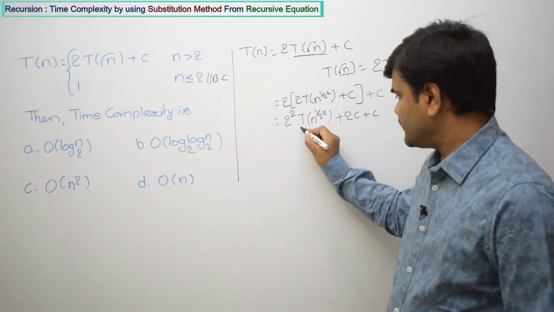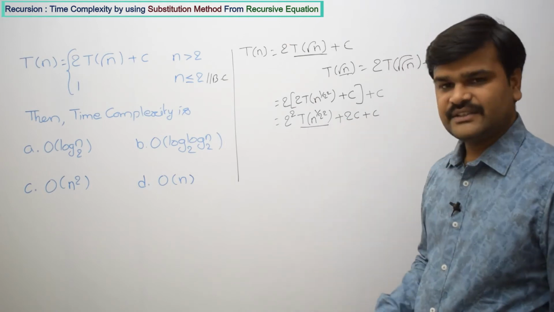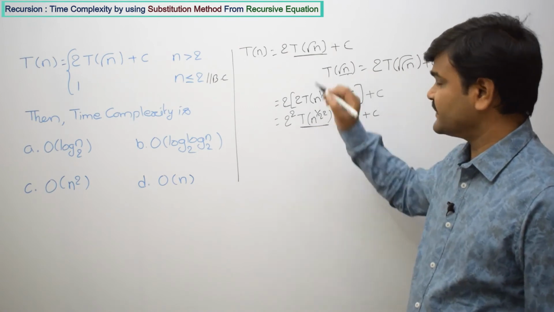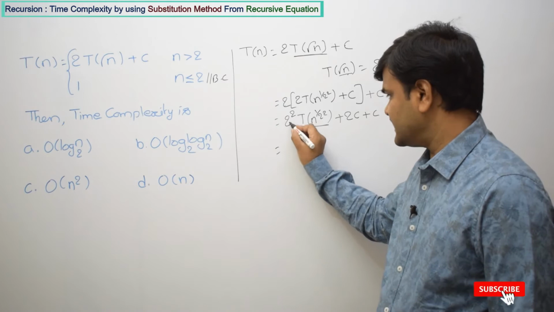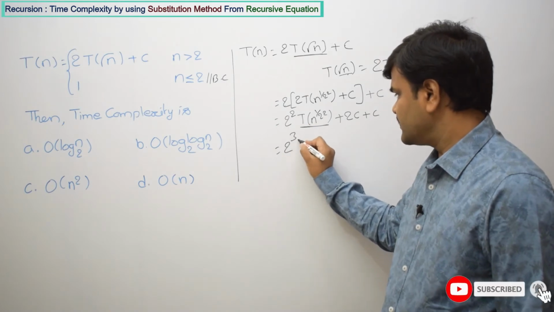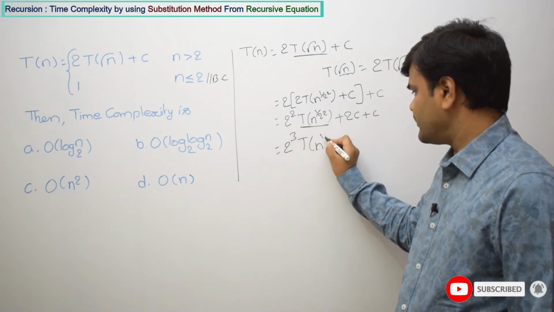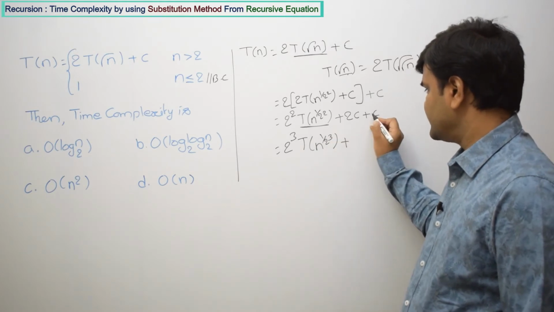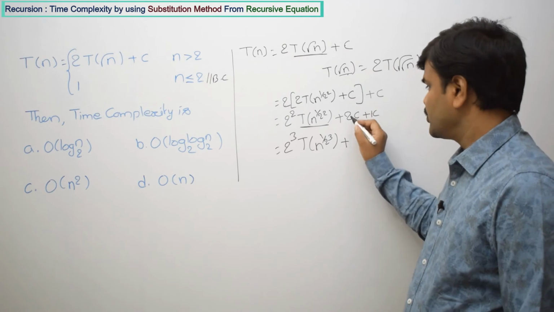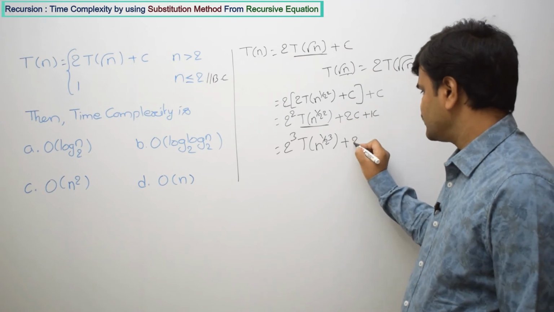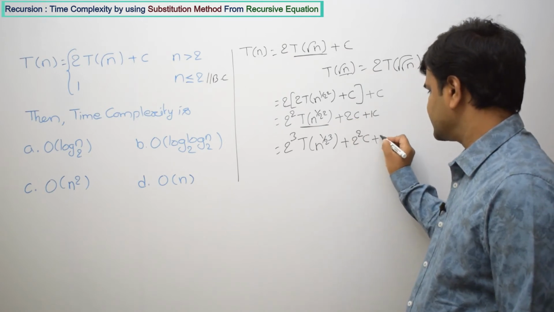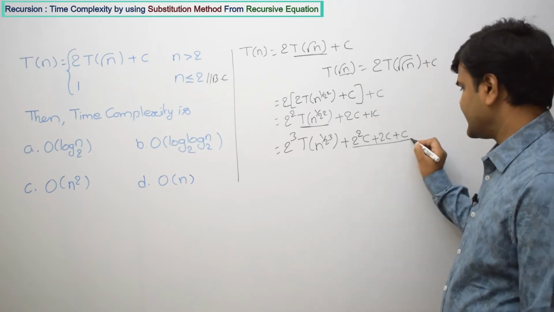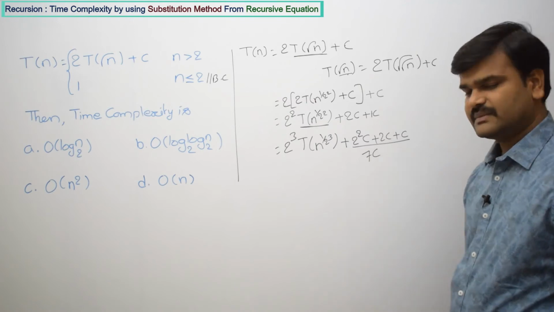Next, if you continue with the same substitution, we get 2 cube T(n power 1 by 2 cube) plus 2 power 0, that means 1, 2 power 1, then 2 square, times c, that is 4c plus 2c plus c, or you can write this as 7c also.